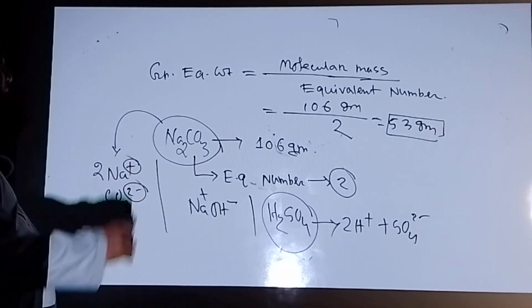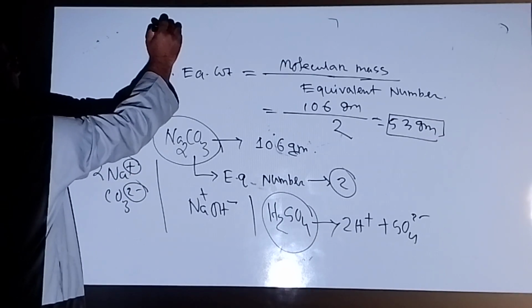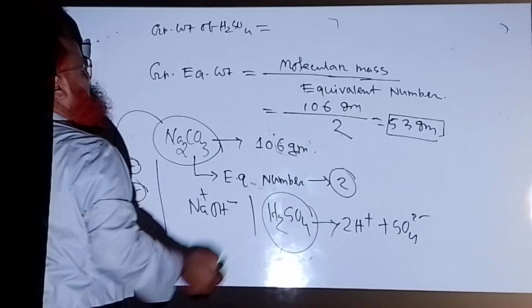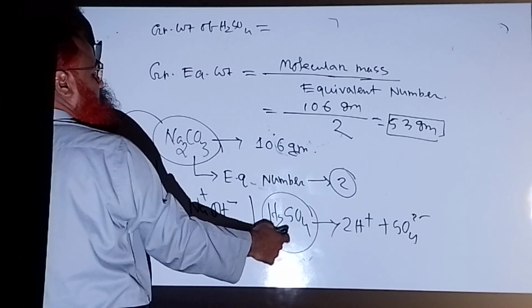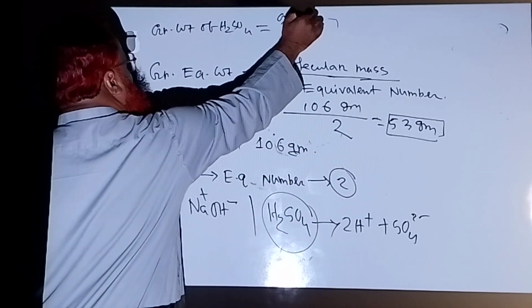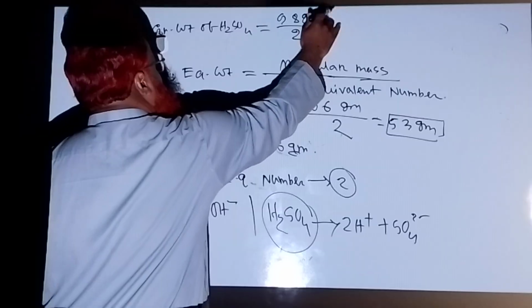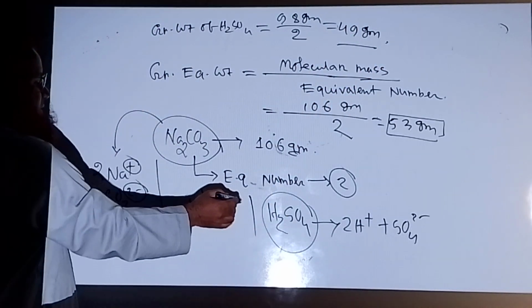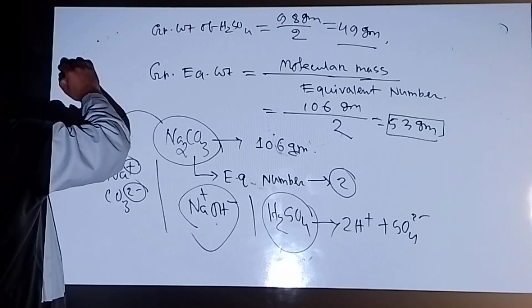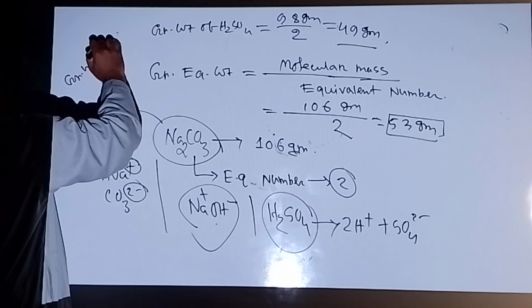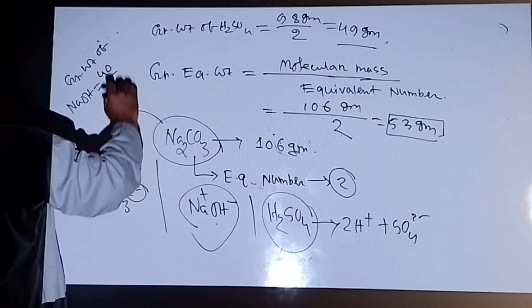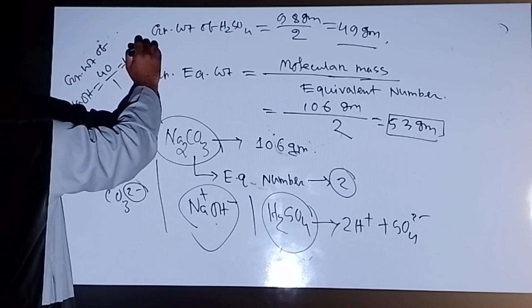So, in case of sulfuric acid, gram equivalent weight of sulfuric acid, what will be the value? It is 98 gram divided by 2, that is 49 gram, okay. So, in case of sodium hydroxide, what will be the gram equivalent weight of sodium hydroxide? It will be 40 divided by 1, that is 40 gram, okay.